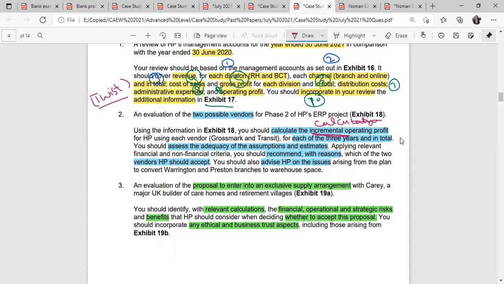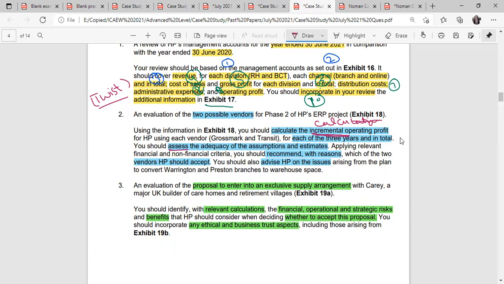Further, you should assess the adequacy of assumptions and estimates. Are these assumptions reasonable, adequate, can they be achieved, are they reliable? What about who has prepared this information? Apply professional skepticism, the 7 P's of professional skepticism, and professional judgment that we have discussed in our sessions, basically.